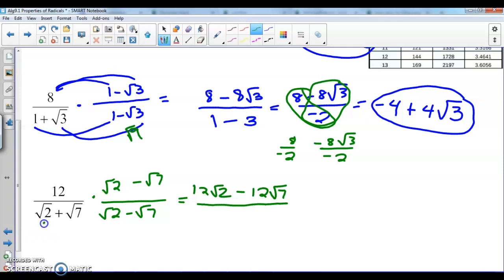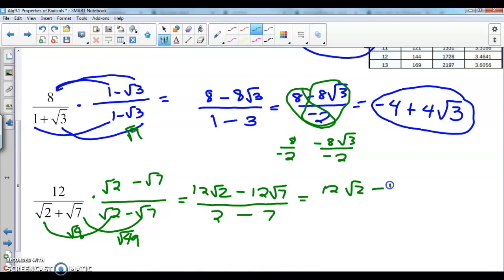Okay, what's radical 2 times radical 2? It's a radical 4. So what's radical 4? 2. That's weird. I'm talking to myself. Anyway. So radical 7 times radical 7 is a radical 49. It's radical 49? 7. But this should be minus. Okay, so 2 minus 7 is negative 5.